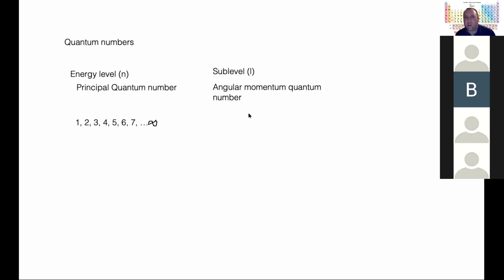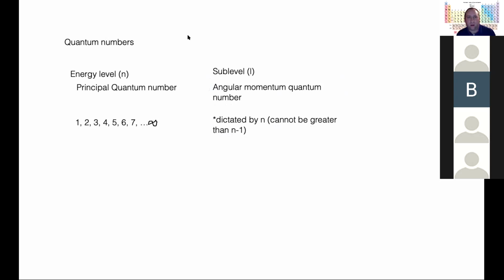Now, the angular momentum quantum number is dictated by n to a certain degree, in that it cannot be greater than n minus 1.